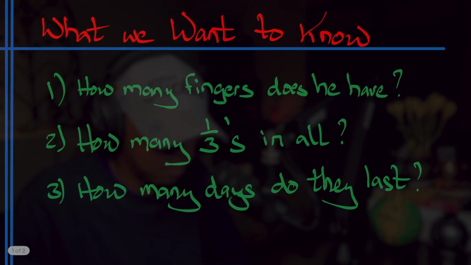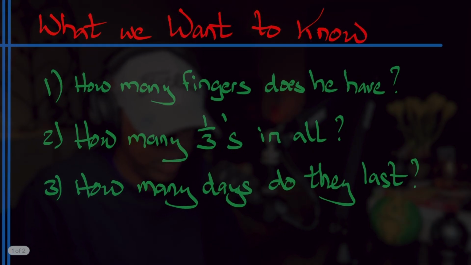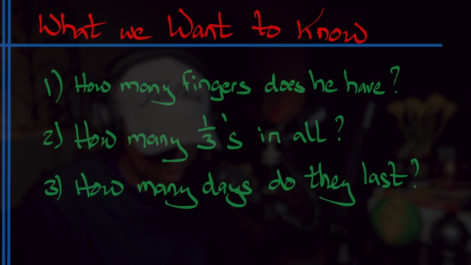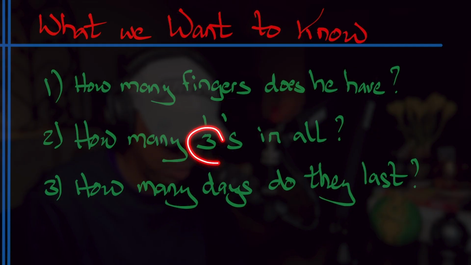What do we want to know? First question is, how many fingers does he have altogether? And then, how many thirds in all? If we break up each of the fingers into 3 equal parts, the denominator tells us how many parts to break each finger into. And then we need to pay attention to how many of the sections he eats each day.